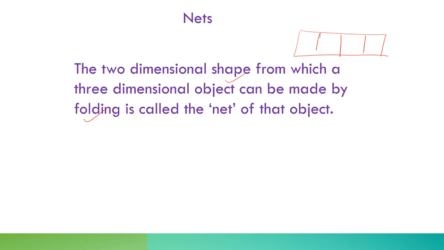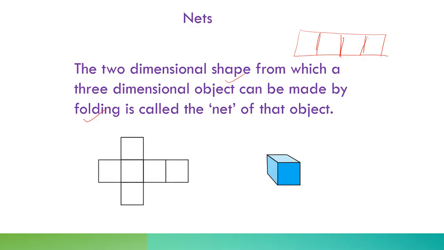If I fold at these lines, it may convert into having an object having a circular fencing like. एक fencing बन जाएगा. Something like that. So a 2-dimensional shape from which a 3-dimensional object can be made by folding is called net of that object. Here is an example.